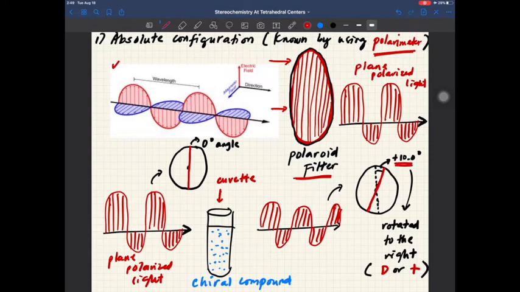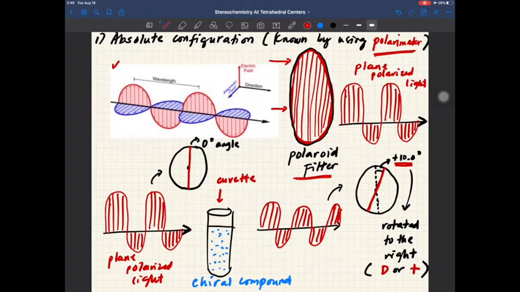Upon rotation, it generates, for example, a positive 10 angle in reference to its initial position. Take note that a positive 10-degree angle means that the plane polarized light is rotated to the right.